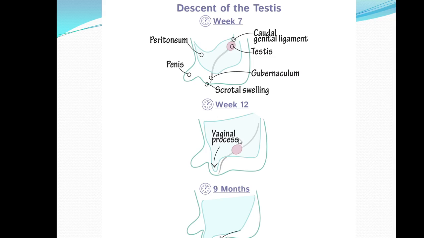At 12 weeks, you can see the formation of the vaginal process from the peritoneum. At 9 months, you see the testis is present in the scrotum.